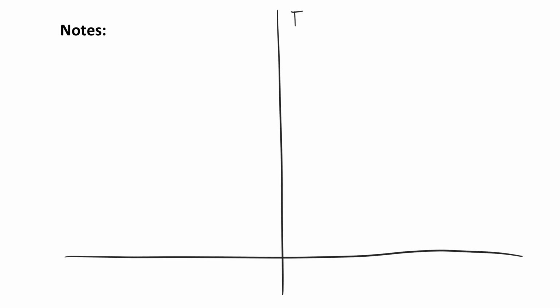So let's go ahead and take some notes on this. We are finding vertical asymptotes, horizontal asymptotes, and holes for rational functions.